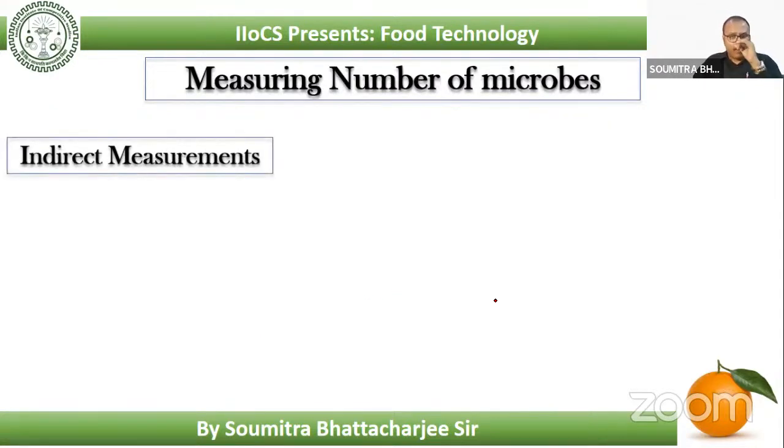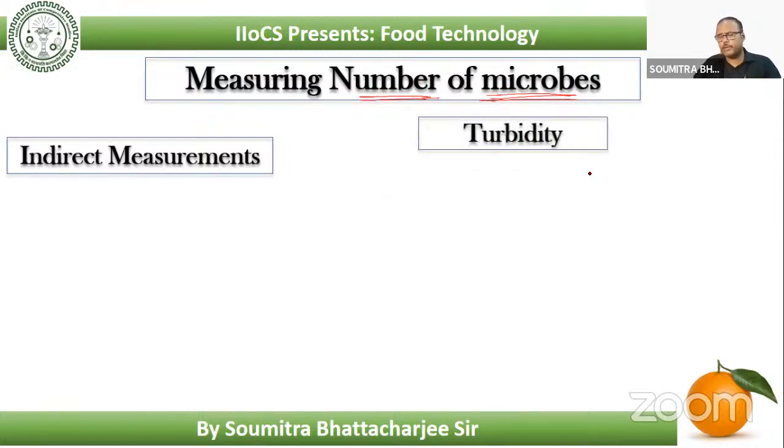Okay. Now, how can we measure the number of the microbes? So there can be certain indirect measurements like turbidity. What is turbidity? Like we are taking a simple test tube, and within that test tube I'm placing a culture. We are inoculating the culture within the test tube and placing that test tube for incubation.